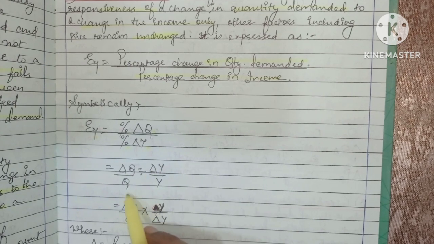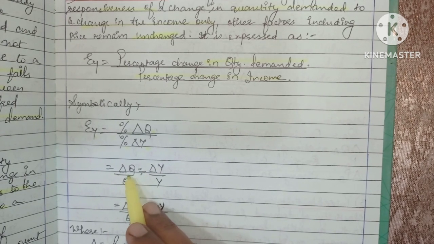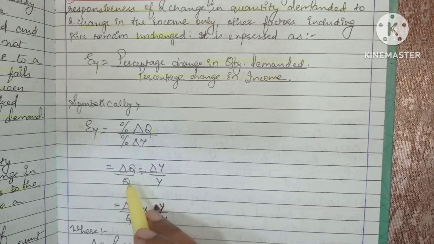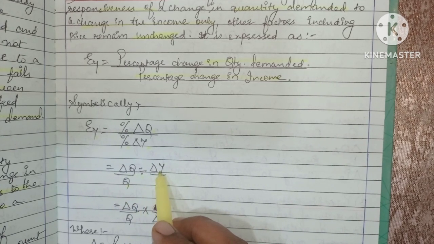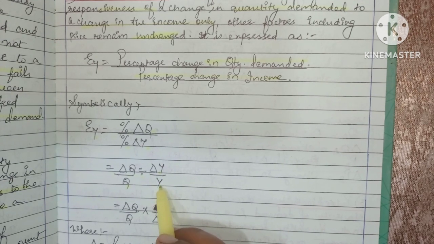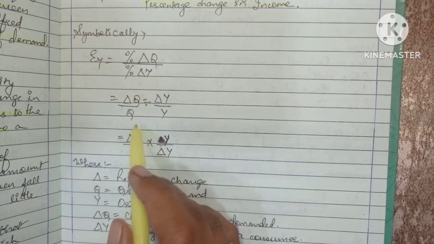Ey is equal to change in quantity divided by quantity, divided by change in income divided by income.